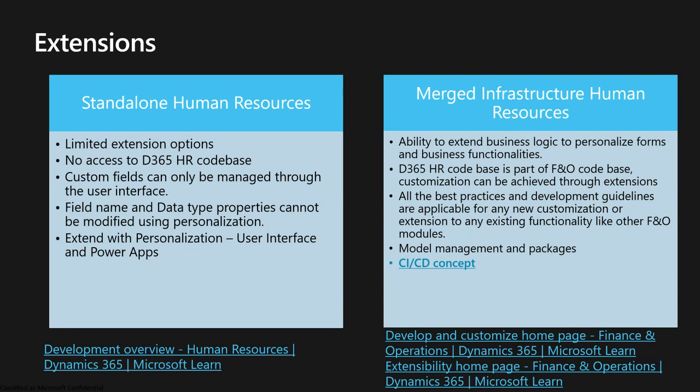And enable the business to benefit from the shared services and development tools, which you have already been using in other FNO modules. And it will also give you the benefit of continuous integration and continuous development, as all your HR related customization extensions will be part of the same build pipeline and packages.